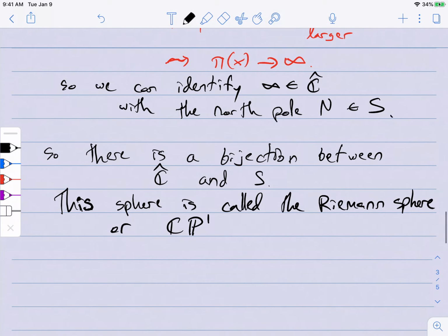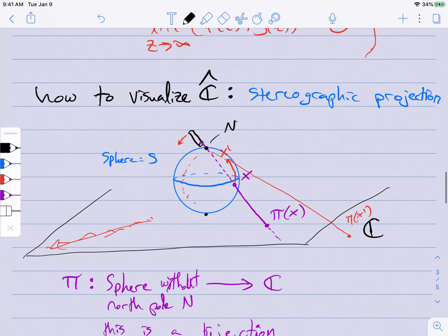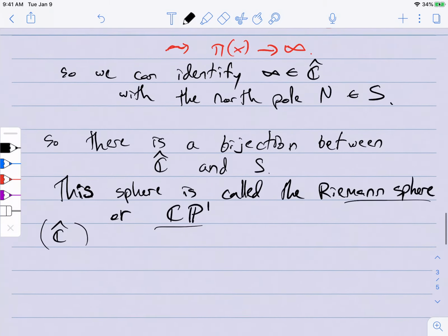In our class, we'll probably just keep calling it the extended complex plane, C hat. But if you ever see these words, you actually know what they are. It's the complex plane together with this point at infinity identified with a sphere.